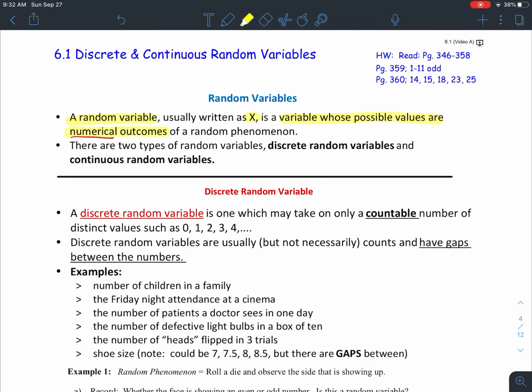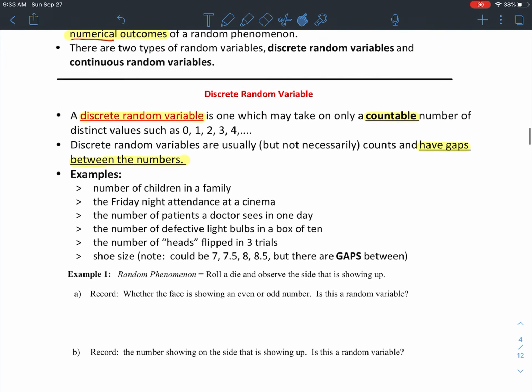Okay, so as I mentioned, there are two types of random variables, discrete and continuous, and we're first just going to focus on what a discrete random variable is and talk about some specific examples here. A discrete random variable is one that can take on what we call a countable number of distinct values. You can think of it like this.